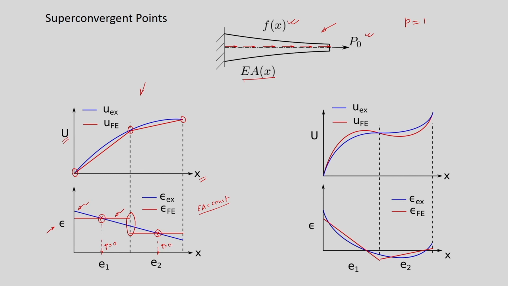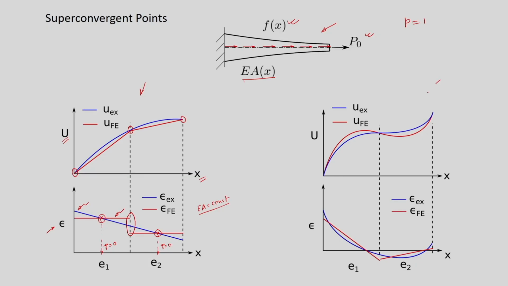So, these points are called the super convergent point. It means that at these points the error is decreasing faster compared to other points of the domain. So, now we know that at these points our solution, particularly the derivatives, the strain and stresses are better.